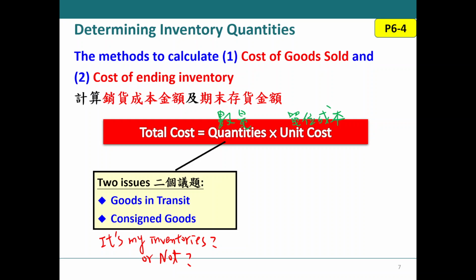So based on this issue, we have two situations. One is goods in transit, 在途存货. Second is consigned goods, 寄销品. Based on these two situations, you have to figure out whether it is your inventory or not your inventory.